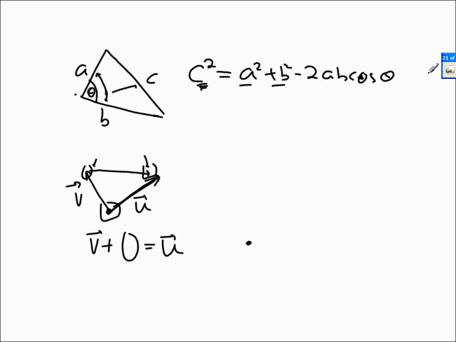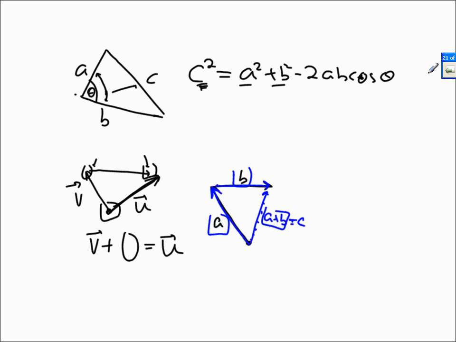So what do you add to v to get u? Again, if you start at A and then you add on B, this will be A plus B or C. That is, when you add these two vectors, you get this vector. But again, here's the head of the original vector A, and then the tail of vector B to the head.